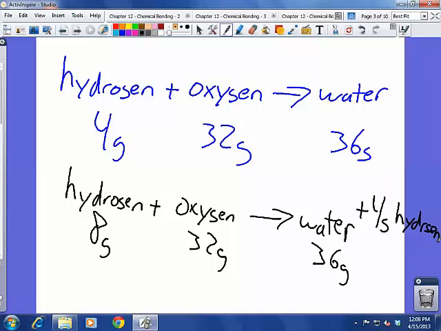So now those of you who did the homework, what does that mean oxygen is? We have a special term for oxygen in this case. It's limiting. Oxygen here is going to be our limiting reactant.